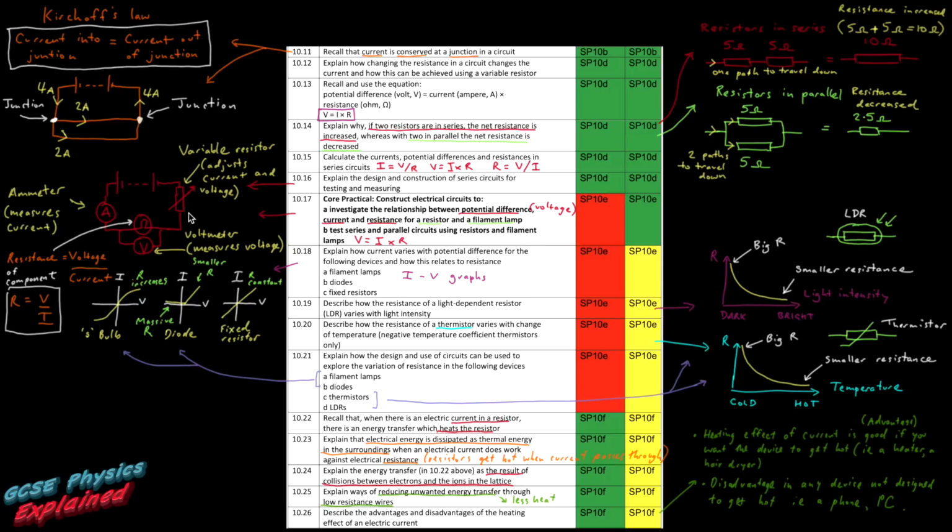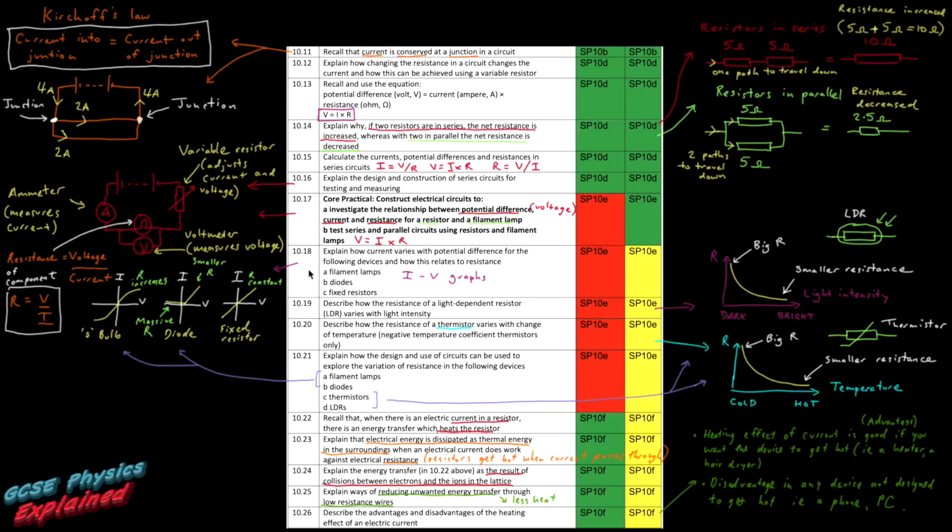And as I've just explained for 10.16, you would use this circuit and you would get the current and voltage reading for that particular device. So they're saying for a resistor and for a filament lamp. And then once you've got your current and your voltage readings, adjust the variable resistor and take your readings again, and do that a minimum of 6 times in order to get enough data to plot a graph. And here's the type of graphs that you'll end up getting.